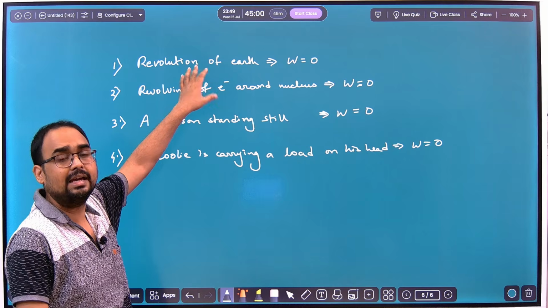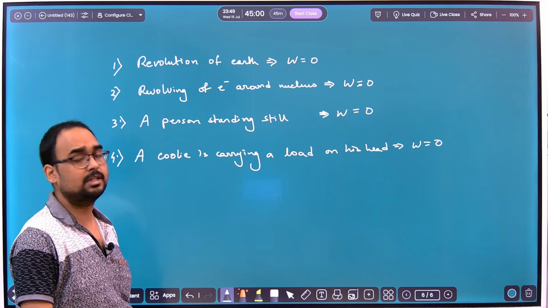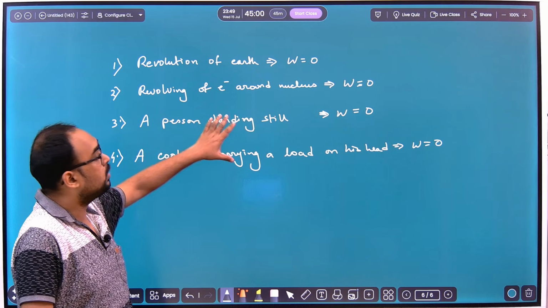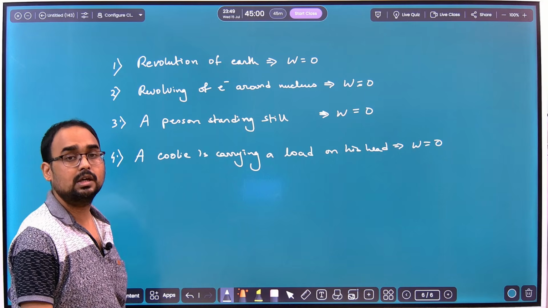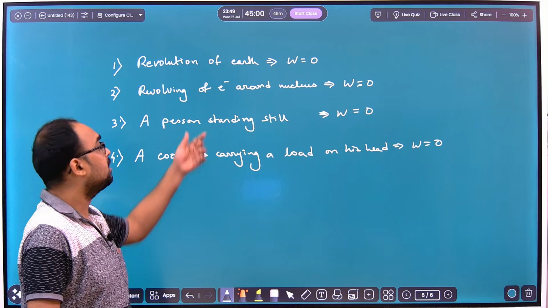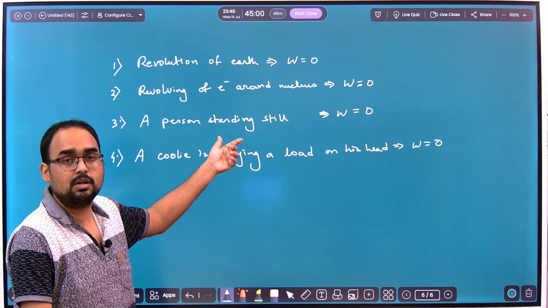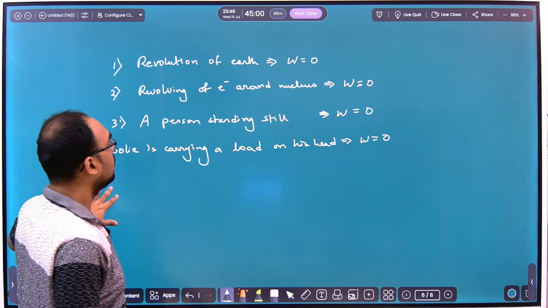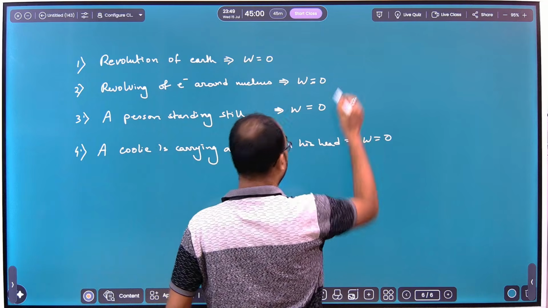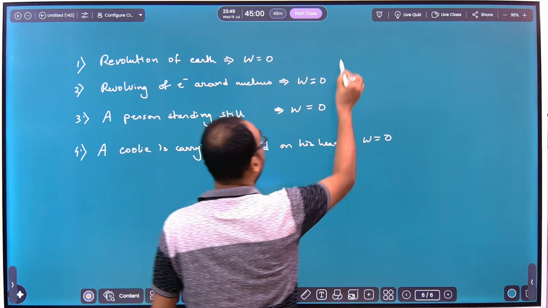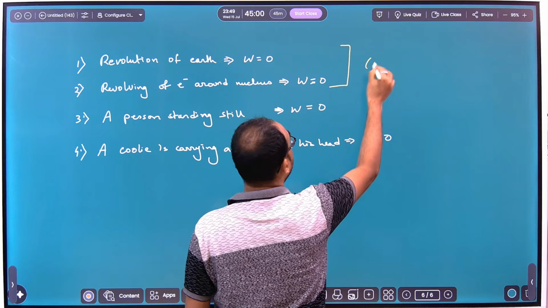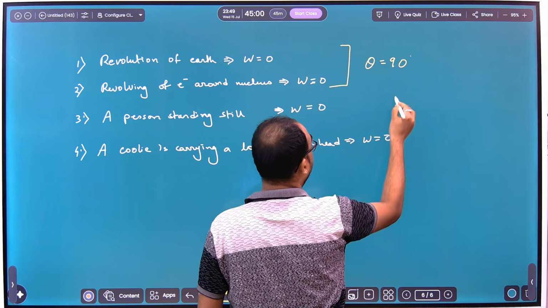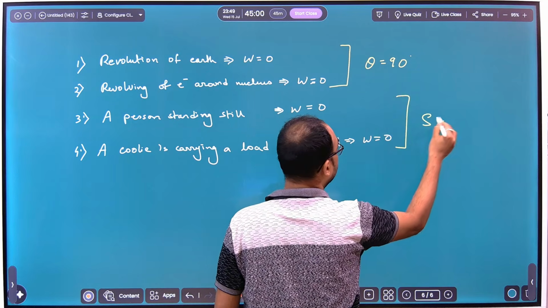The reason is the angle between the force and the displacement is 90 degrees. In the second two cases the work done is 0. The reason is that the displacement is 0. The person is not moving. So what is the displacement? 0. The coolie is not moving. What is the displacement? 0. So in the first two cases, theta is 90 degrees. And in the second two cases, displacement is equal to 0.